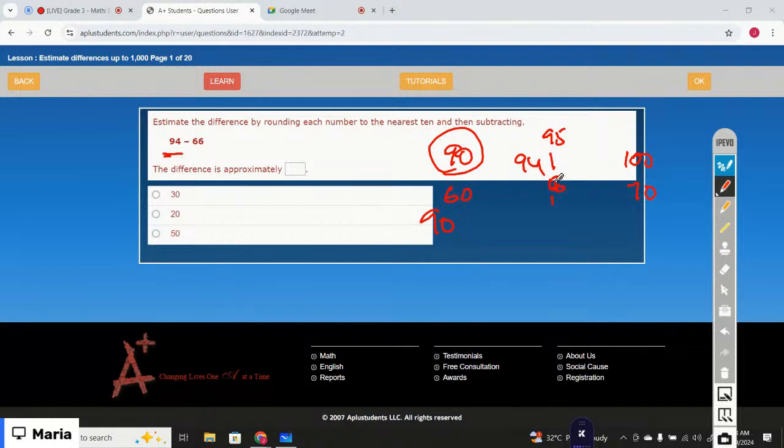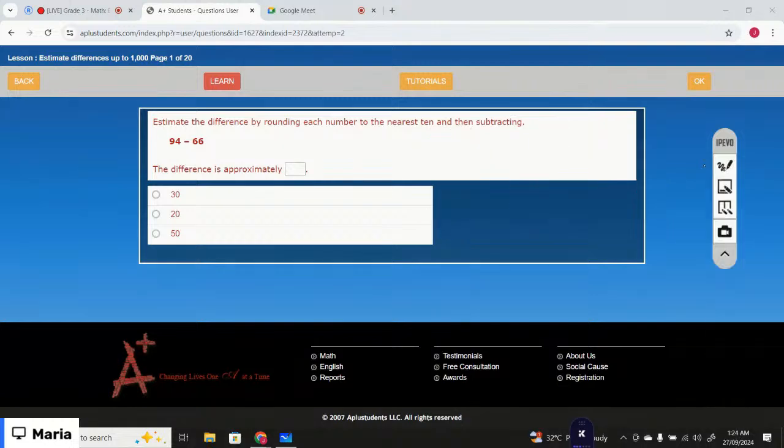Their half is 65. 66 is here. That is just one more than 65, right? So you can round it off to 70, the greater one. So that is 90 minus 70. So 90 minus 70 is 20. Option number 2 is the correct option.